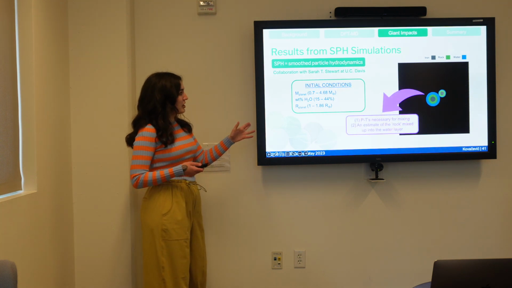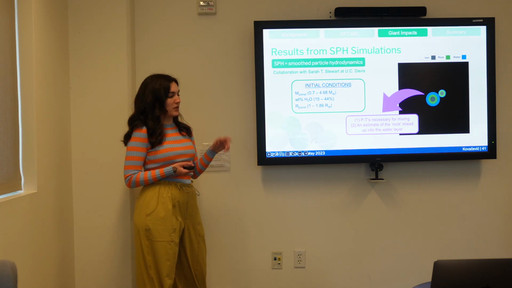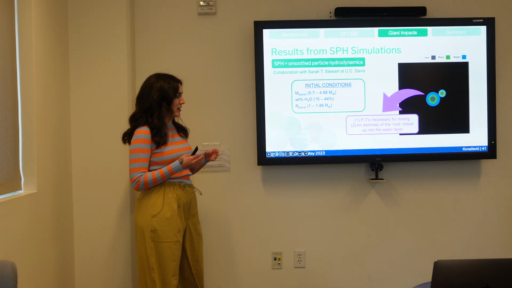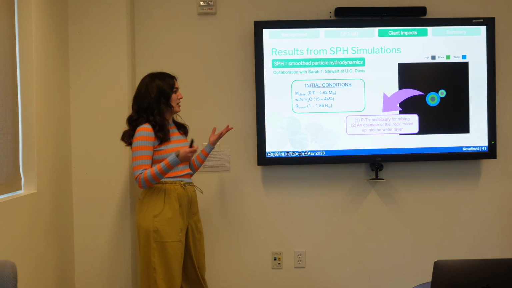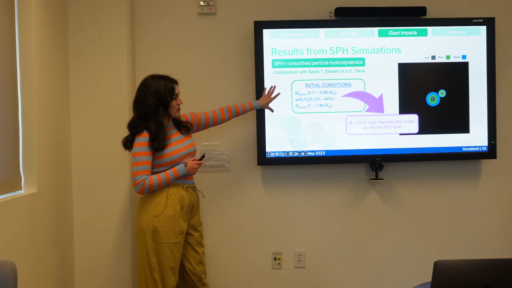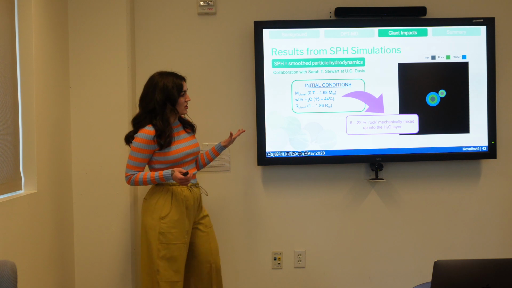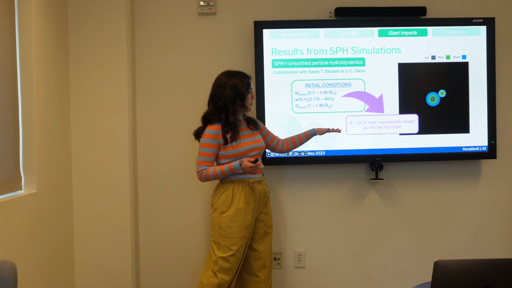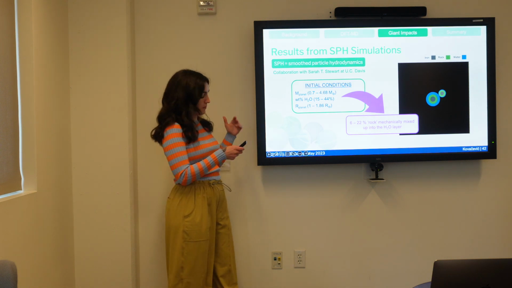What these impacts give us are the pressures and temperatures necessary for mixing. We can investigate that theoretically, of course, and then get an estimate of how much rock is mixed up into the water layer. From all of those initial conditions, we got almost ubiquitously in the simulations anywhere from 6 to 22% of rock mechanically mixed up into that water layer.